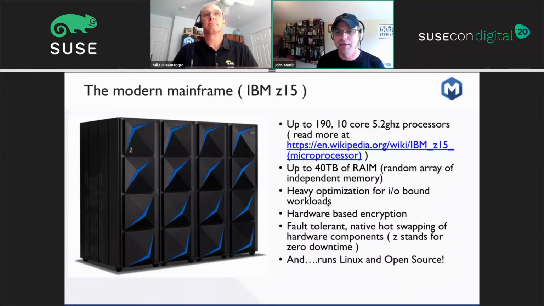The mainframe of today is one of the highest performant computing architectures on the planet. Just looking at some of the specs here, it has the highest, fastest production CPUs. It uses not RAM, but random access independent memory. And it's really designed for a very high workload environment.